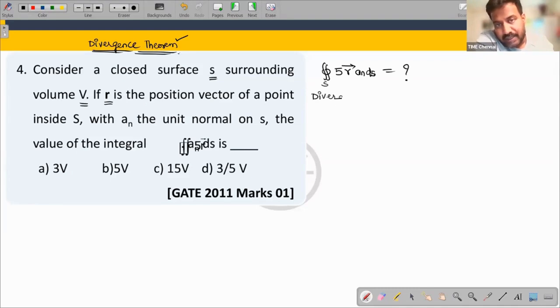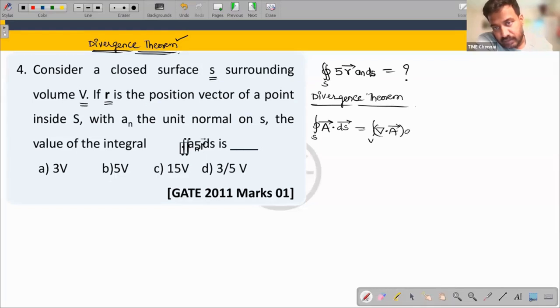You know from divergence theorem, closed surface integral A dot dS is equal to volume integral del dot A dV.